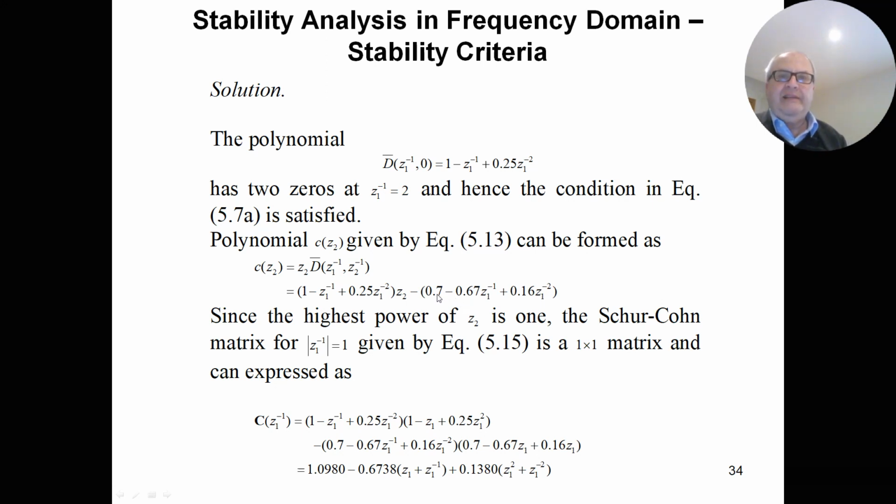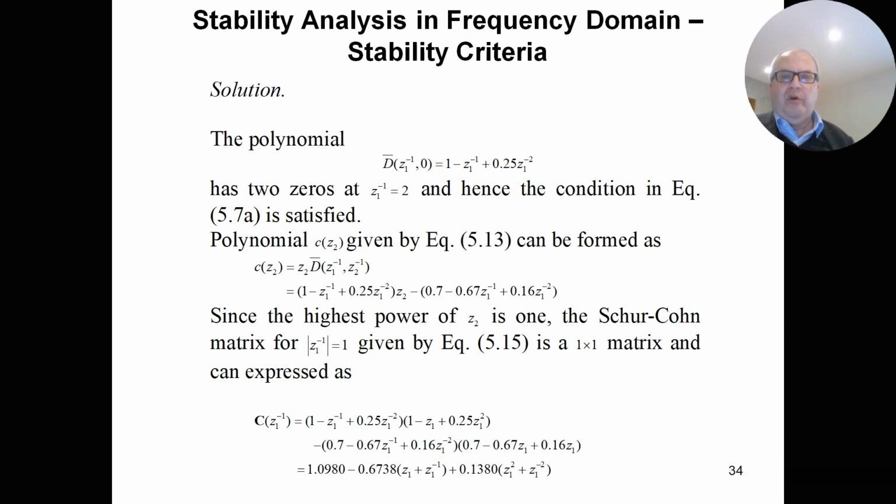The polynomial D(z1, 0) is this. This polynomial has two zeros, Z1 minus 1 equal to 2, and hence the condition in equation 5.7a is satisfied. The polynomial in z2 given by equation 5.13 can be written as follows.